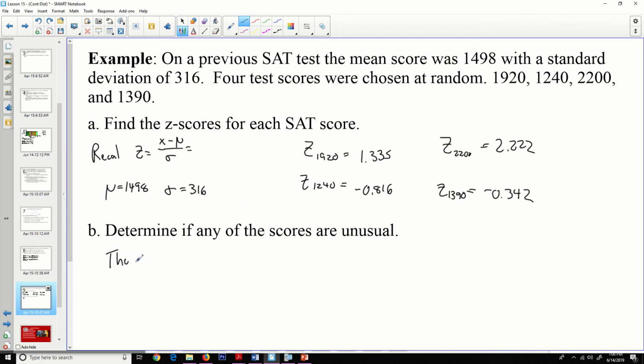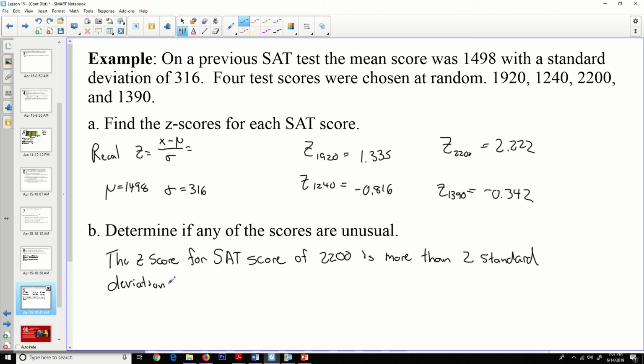So the z-score for the SAT score of 2200 is more than 2 standard deviations away from the mean. So it would be considered unusual.